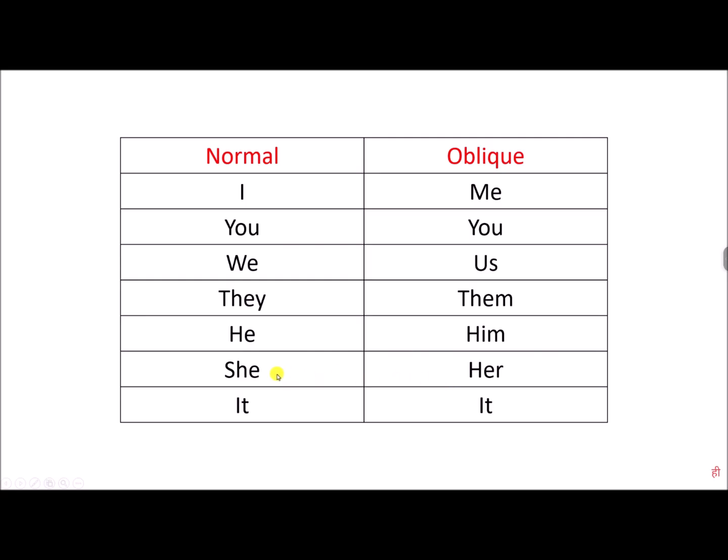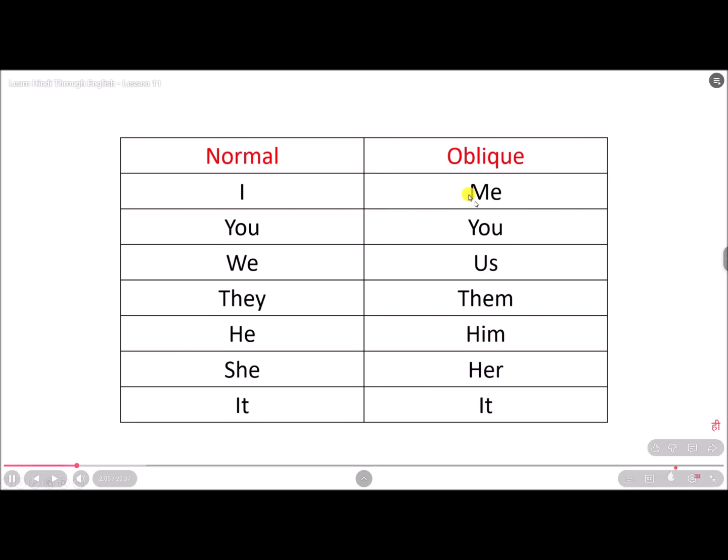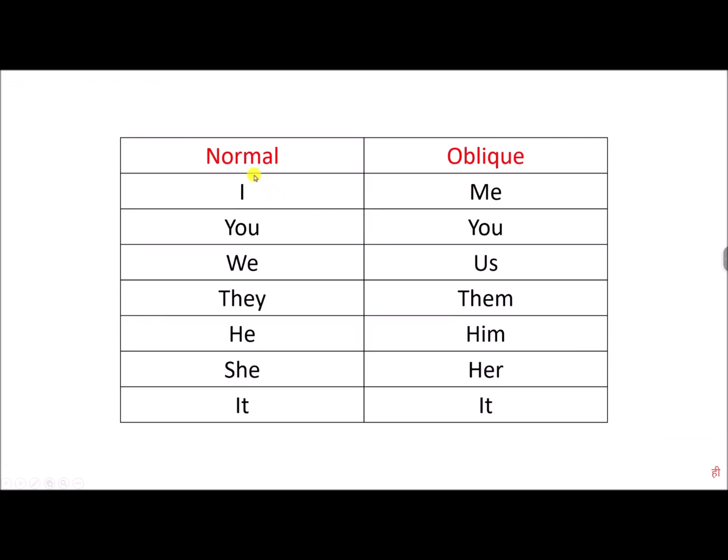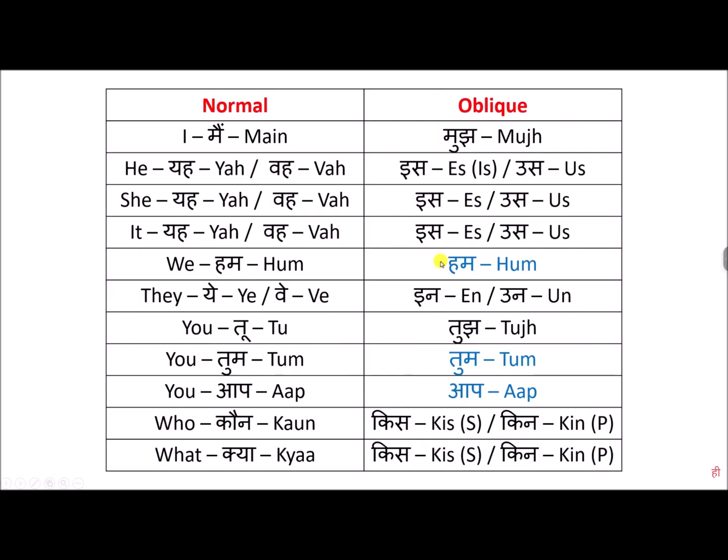Her is the oblique form of she. And it is same as it. So we have you and you, same. It and it, same. Rest, change. Similarly, in Hindi, we have normal forms and oblique forms, and this is what we will be learning now. First, let us learn the pronouns.